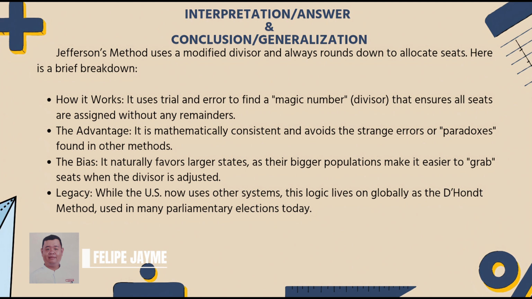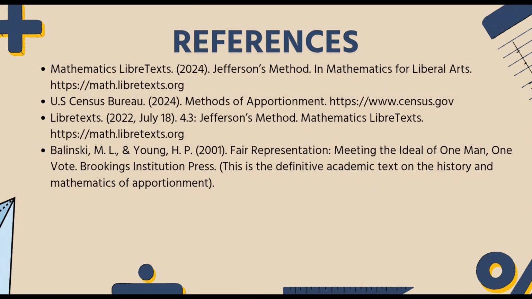Even with this limitation, Jefferson's method remains an important concept in the study of apportionment and representation because it shows how mathematics can be used to organize fair seat distribution in government systems. And this sums up our presentation.